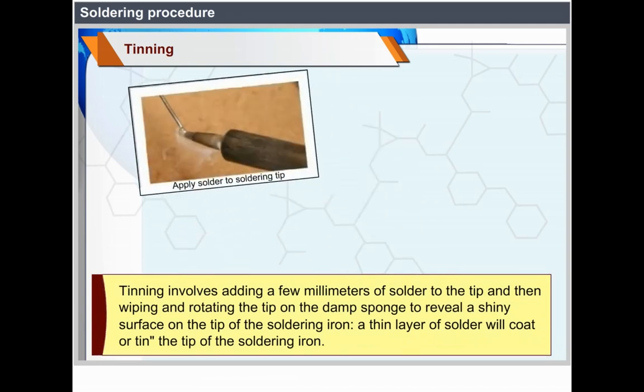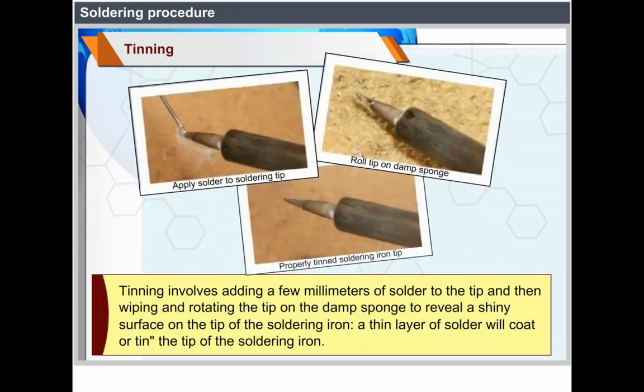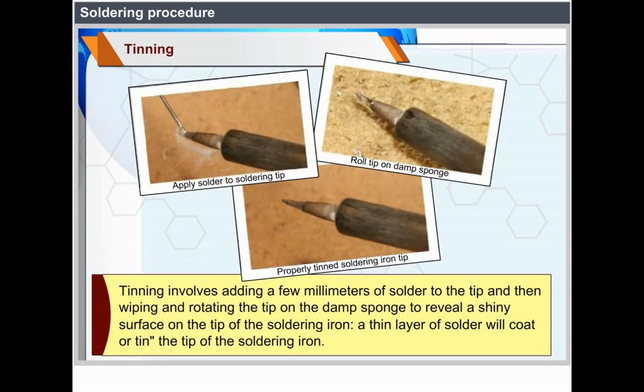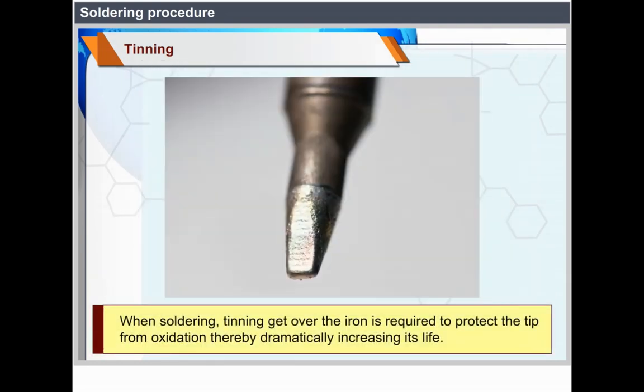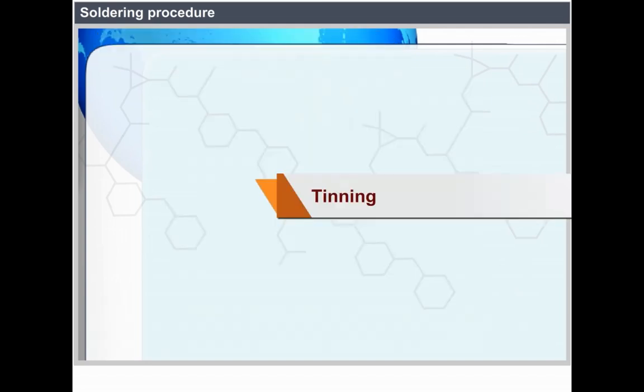Tinning involves adding a few millimeters of solder to the tip and then wiping and rotating the tip on the damp sponge to reveal a shiny surface on the tip of the soldering iron. A thin layer of solder will coat, or tin, the tip of the soldering iron. When done soldering, tinning the iron is required to protect the tip from oxidizing, thereby dramatically increasing its life.